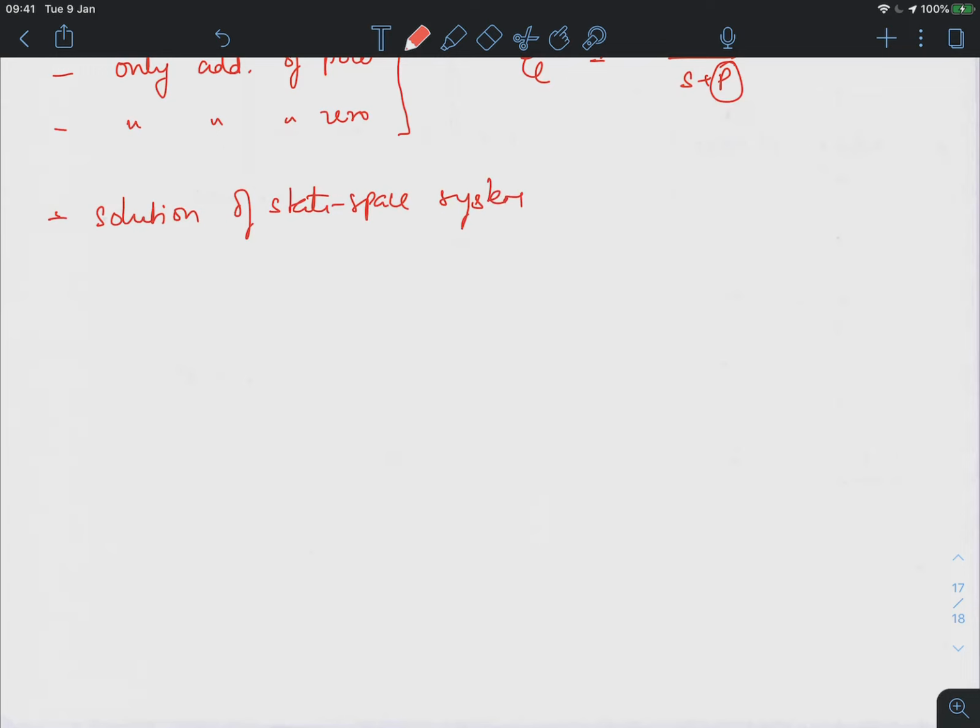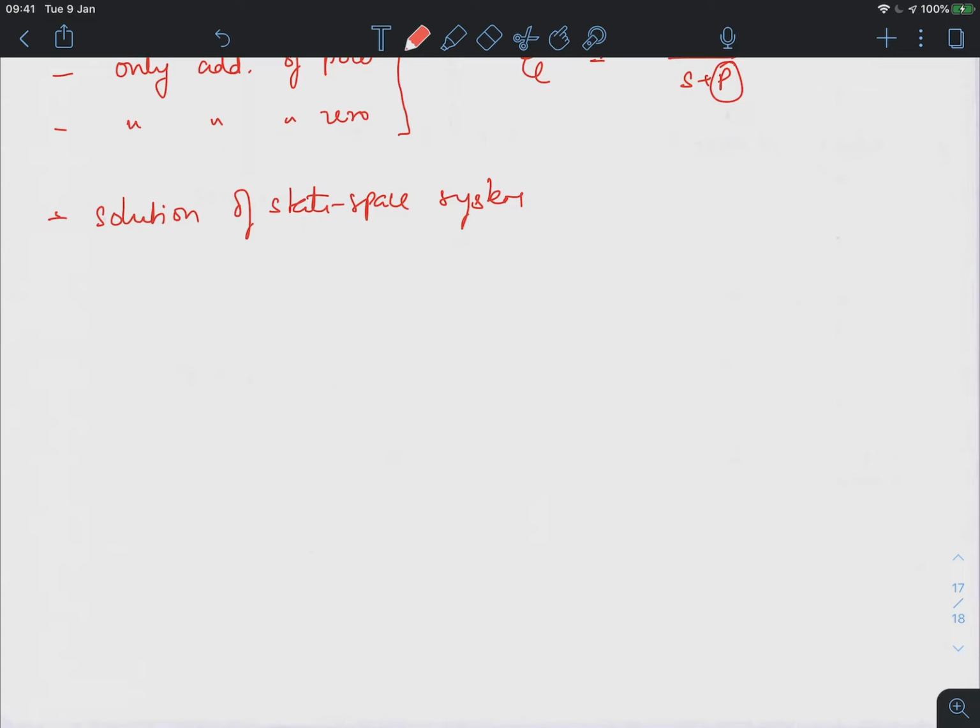Because we had seen for the transfer functions how you can write the solution, but we have also seen another representation of the same system using the state space representation, which is basically a first order derivative, but with matrices. So how to obtain the solution and write it in a compact form, we will take up in the next class.